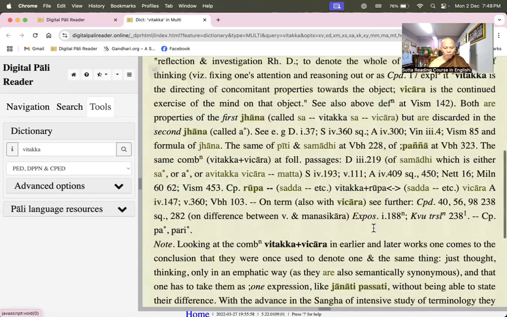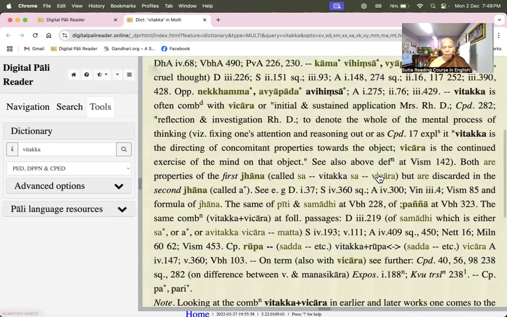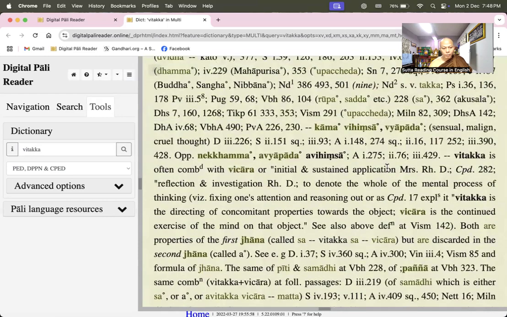So in this context, vitakkasaya may be external thought, a thought tendency.